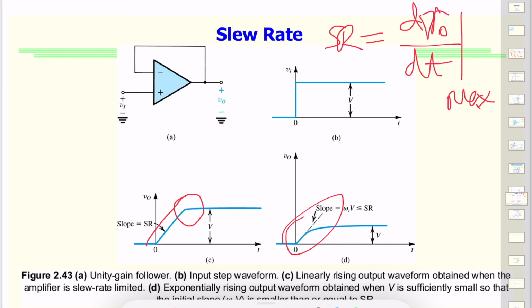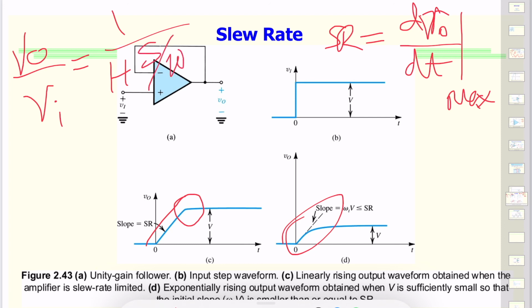This output would be expected because of the finite op amp bandwidth, and we write it as V output over VI equal to 1 over 1 plus S divided by omega t.